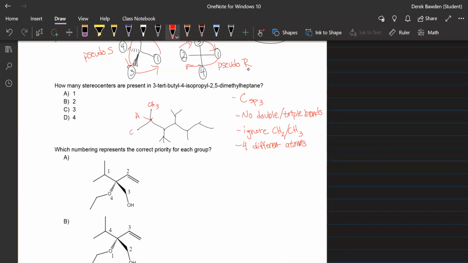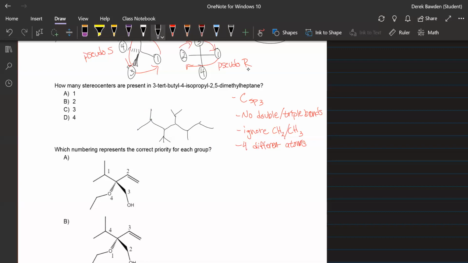We have a CH3, a CH3, and a C bonded to other carbons, CH basically. Okay. So because that has two of the same groups attached to it, it is not a stereocenter. Okay. Does that make sense? Yes. Perfect.